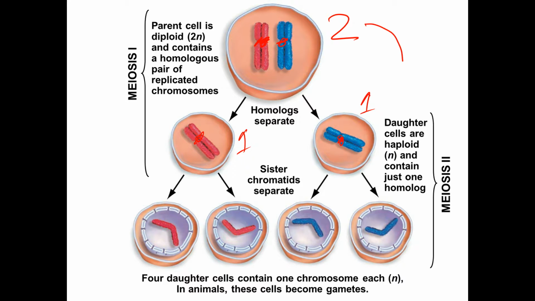Again, at the end of meiosis I, you've cut the number of chromosomes by half. Now, at the end of meiosis II, you'll see that your sister chromatids now separate, so each individual daughter cell has 1 chromosome.